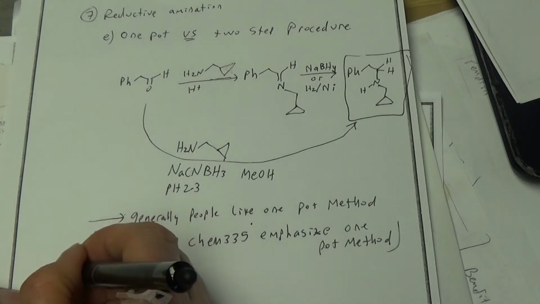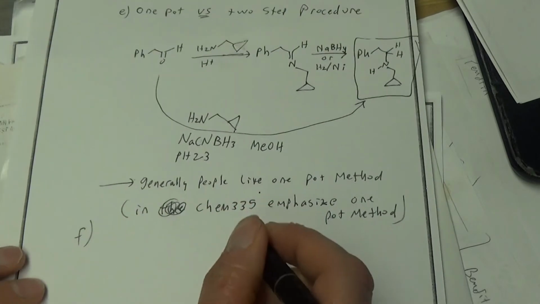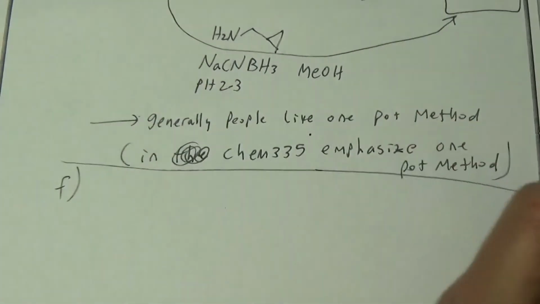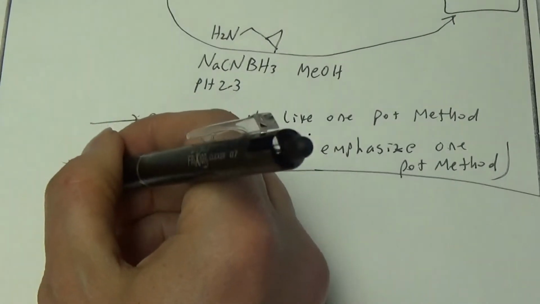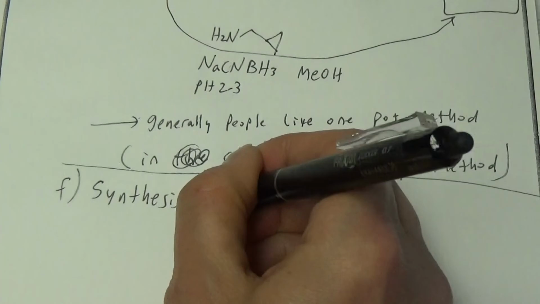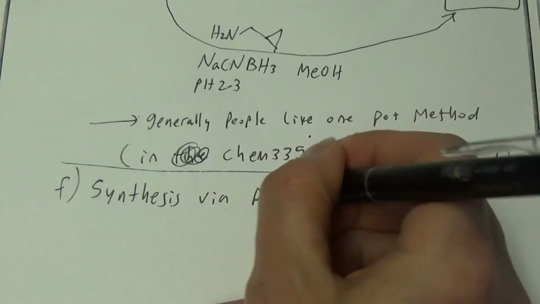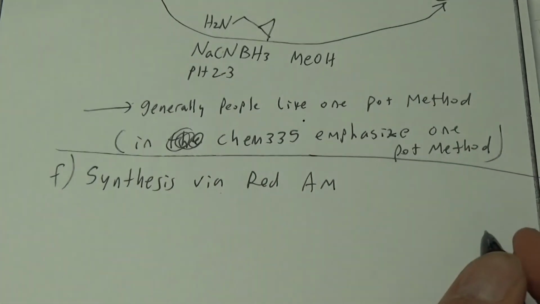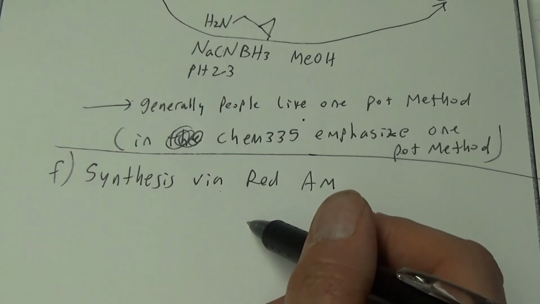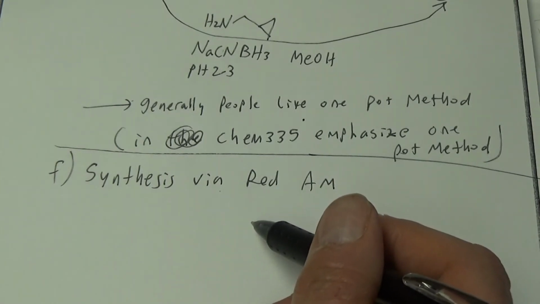Okay, so let's apply the reductive amination method in synthesis, synthesis via reductive amination. By synthesis we usually mean going backwards. So we look at a product and ask, how are we going to make this product?